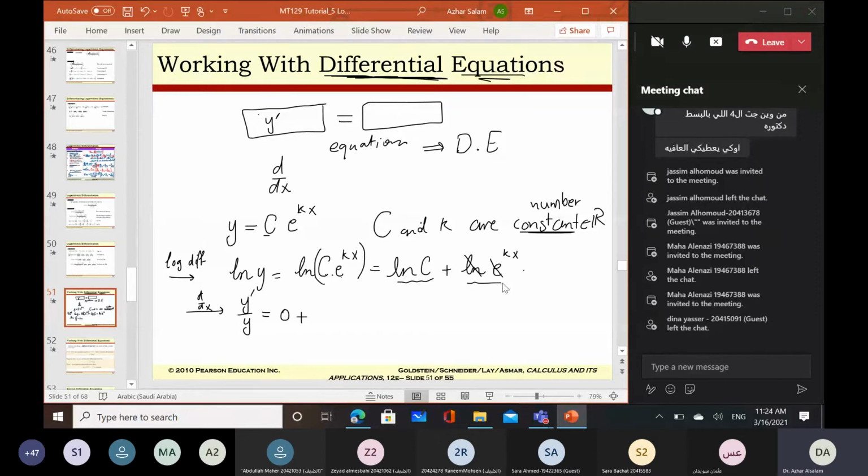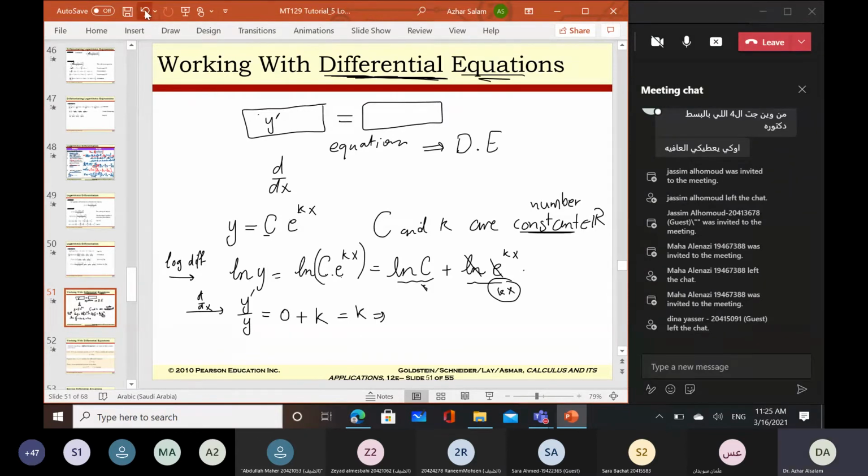So this is equal to kx. I will differentiate only kx. The derivative is k. So 0 plus k is equal to k.